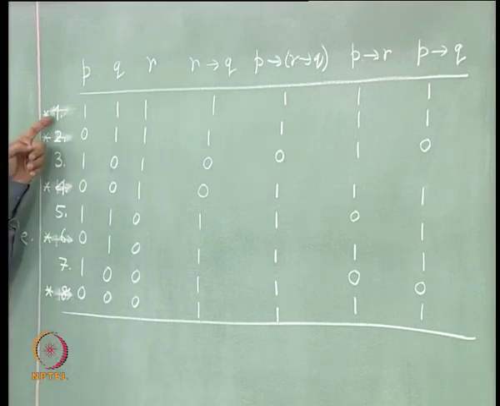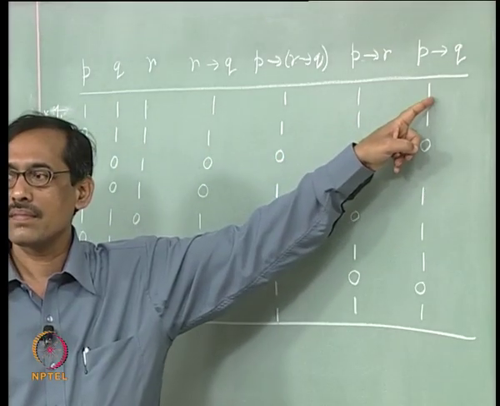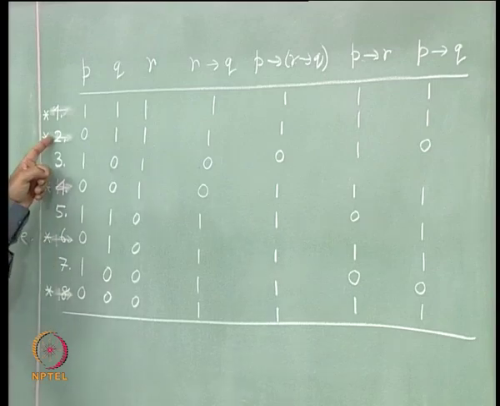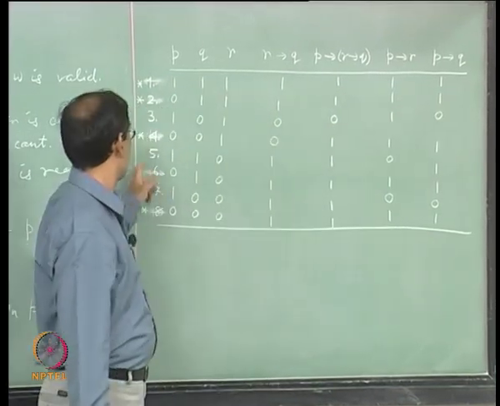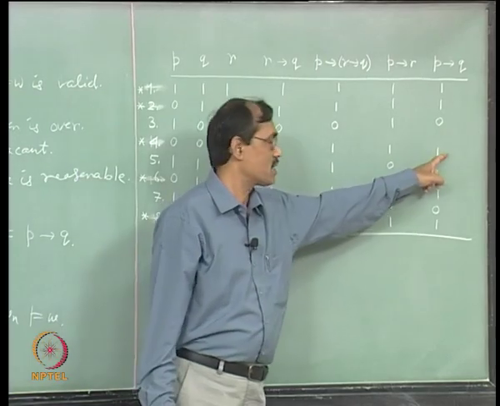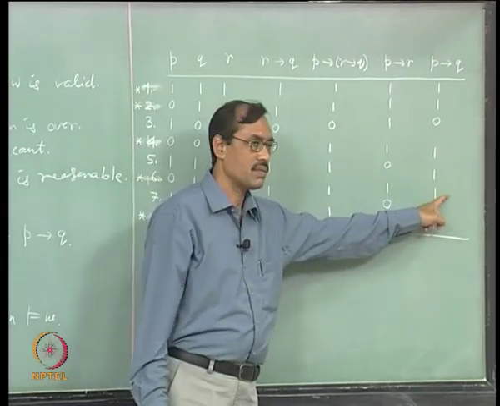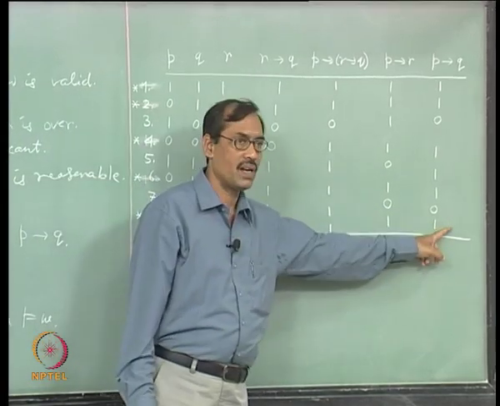Now, in the first interpretation P implies Q is 1, right. In the second interpretation P implies Q is 1. In the fourth interpretation P implies Q is 1. In the sixth interpretation P implies Q is 1. In the eighth interpretation P implies Q is 1.